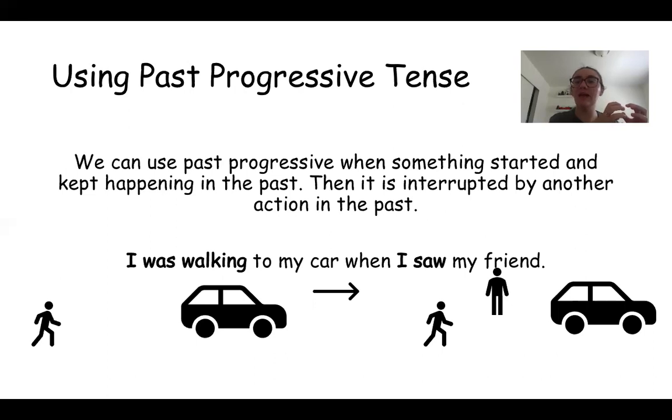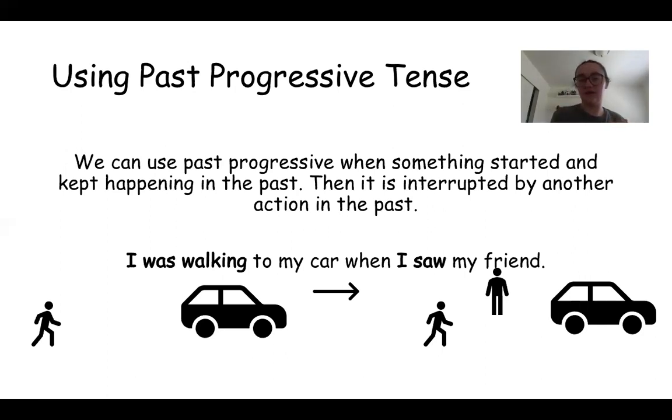Something was happening when something else happened. That's what we're focusing on. And the reason we use it is because we're trying to tell people that it happened in the past. If we use the present progressive, it doesn't really let people know that the actions already happened. They happened in the past.